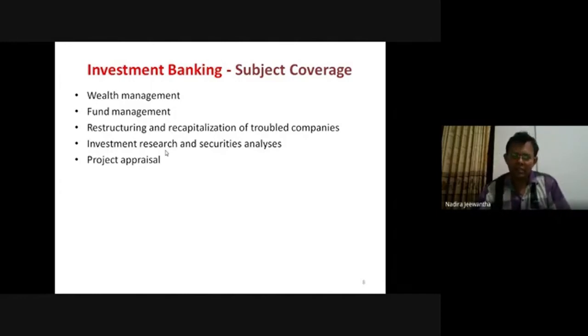Then investment research. Basically, the broker sends you all these company reports. There you can get the investment to hold, investment to sell, investment to buy. So there you have buy recommendations, sell recommendations, and hold recommendations.